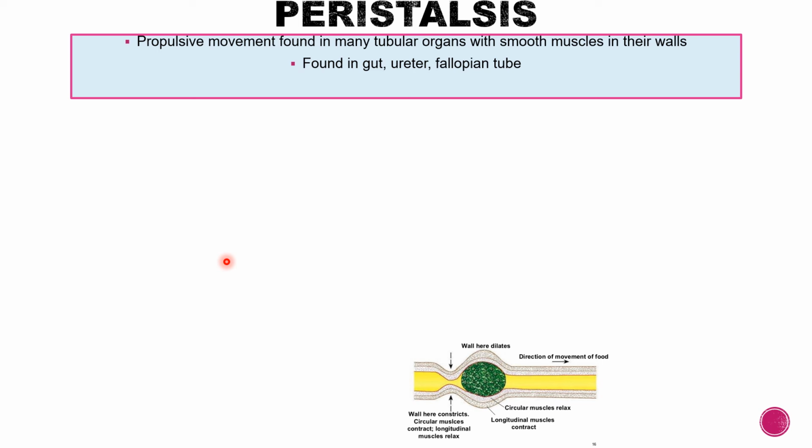And what is the use of peristalsis? The main function of peristalsis is to help carry forward the contents of the tube. So in the gut, it carries forward the chyme and the food remnants, the digested food bolus. In the ureter, it carries forward the urine, and in the fallopian tube, it carries forward the ovum or fertilized zygote.